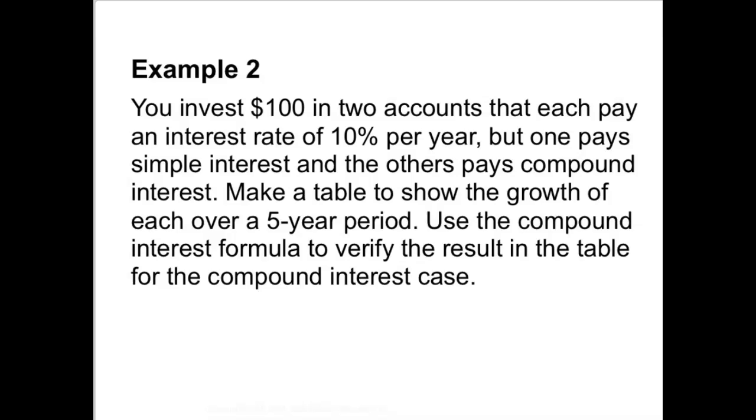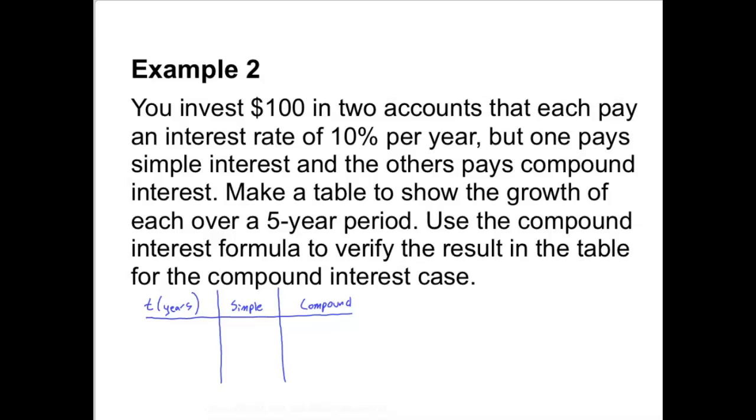So here's how I'm going to set this table up. We're just going to make a table where I'm going to let T be the number of years. This column will be the amount in the account that has simple interest. And this will be the amount in the account that has compound interest.